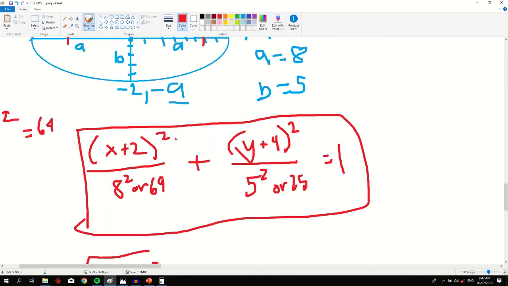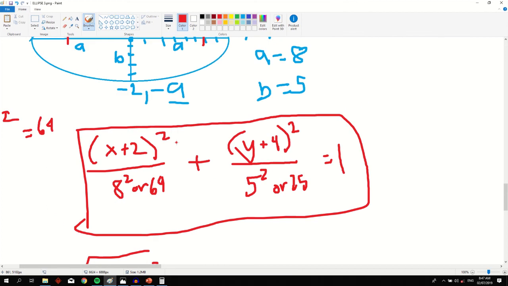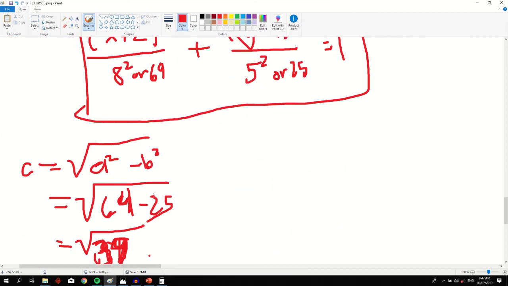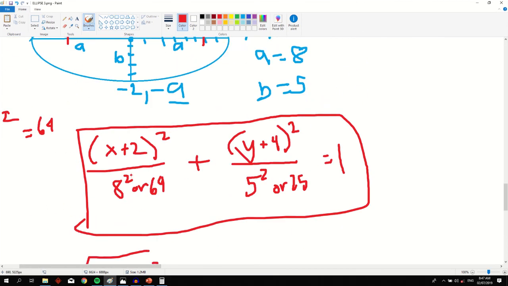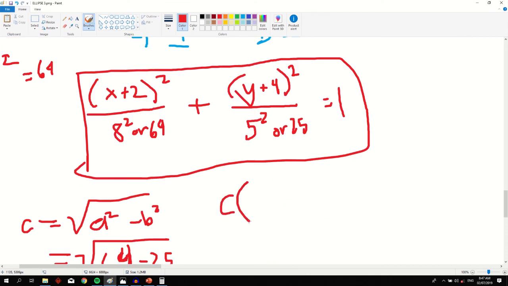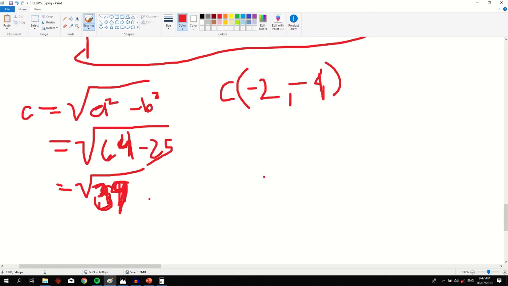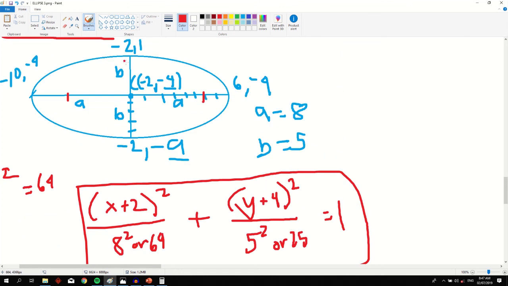Okay, so now again, review your answers. Always review your answers. Okay, so we have now the square root of 39. So the center, we all know the center is negative 2. Here we can see we transpose the negative 2 and negative 4. So we will be moving the x.